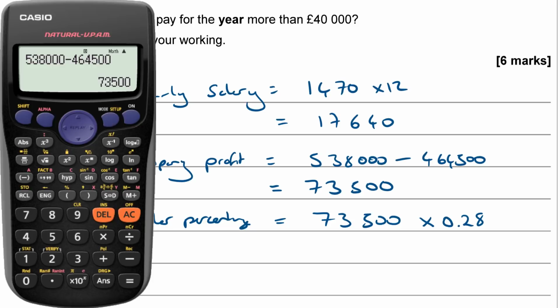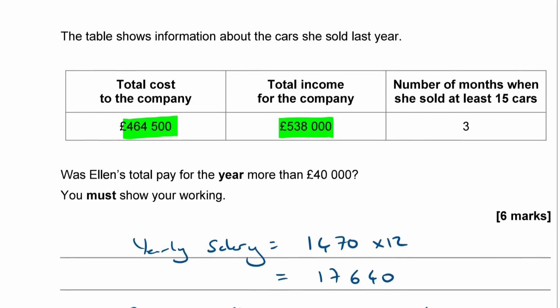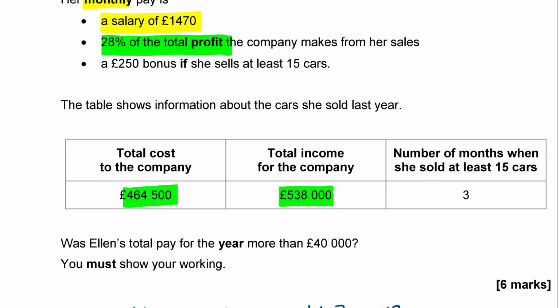So 73,500 times 0.28 means that her commission then was £20,580. Okay, so that's her percentage she gets on the sales, plus her bonus.